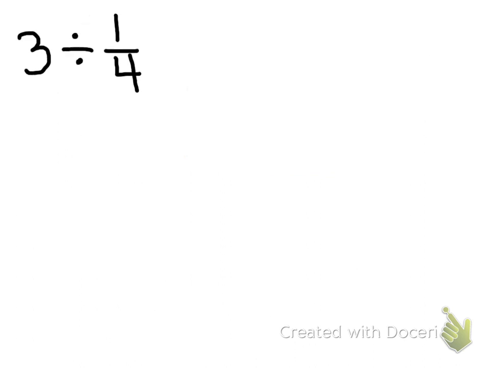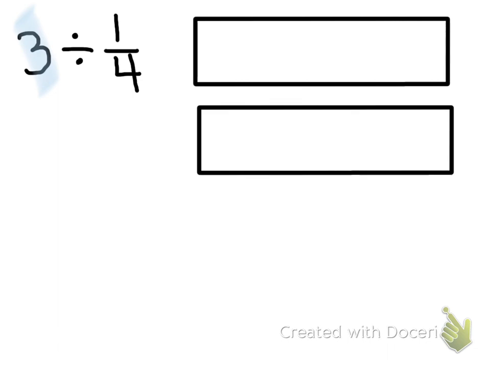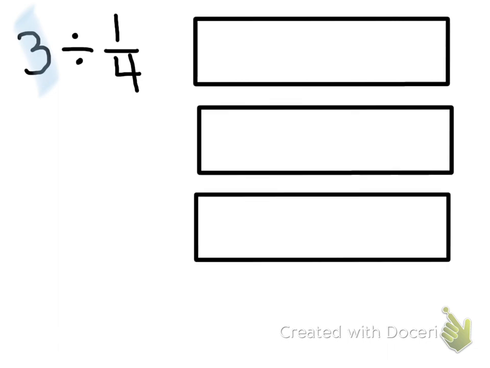Let's try one more example with a whole number divided by a fraction. Here I have 3. So I'm going to draw 3 equal units to represent my 3 wholes. So here's 1 whole, 2 wholes, 3 wholes, right? Now I'm going to divide by 1/4. So that's telling me to divide each whole into 4 equal parts.